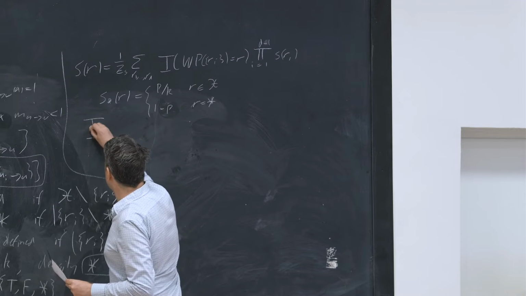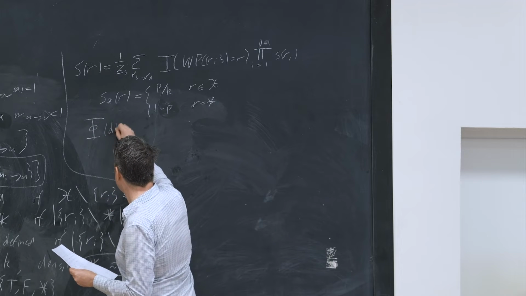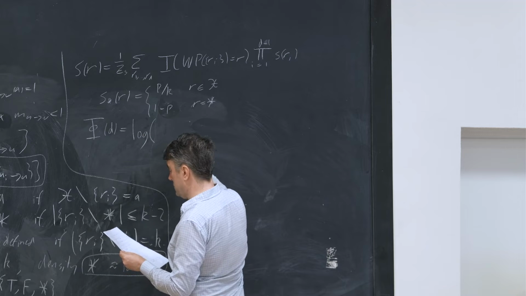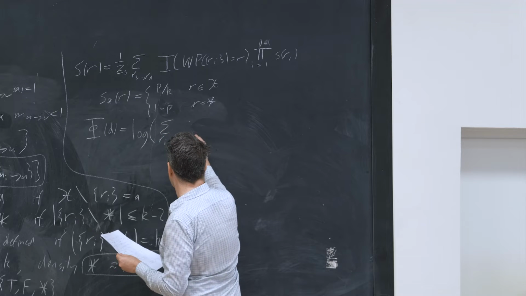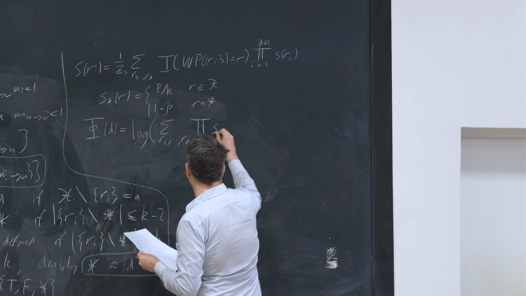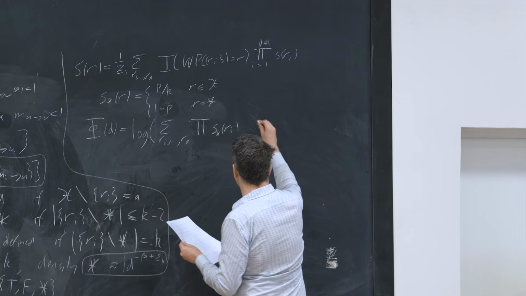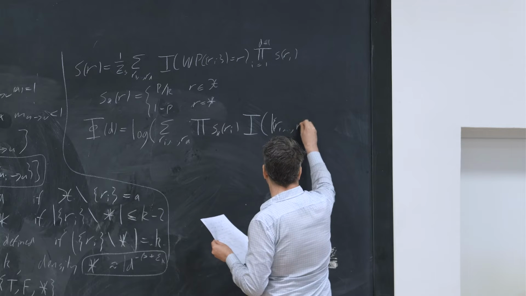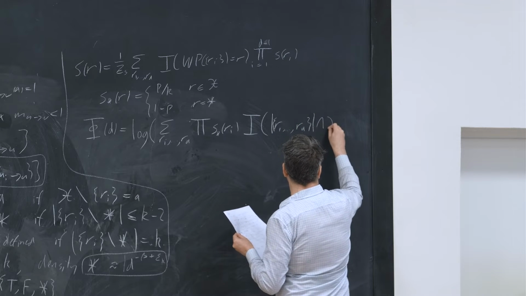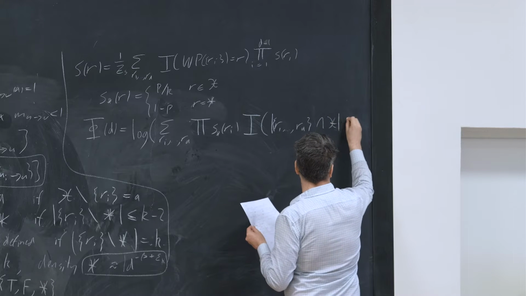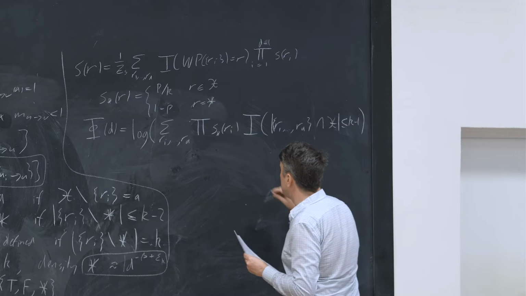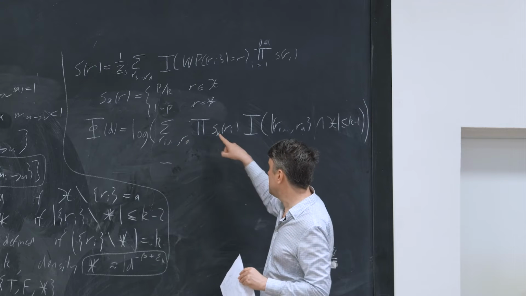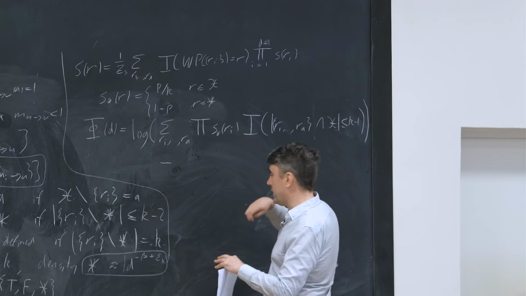So phi of D. So this first term is saying, okay, you have D children, then you add in a vertex connected to them.